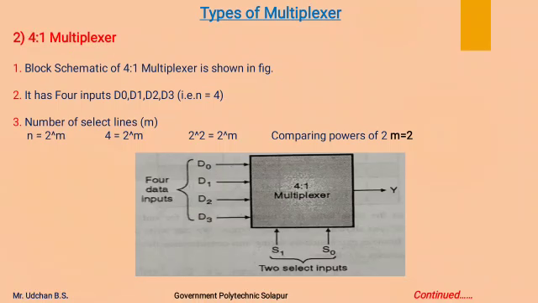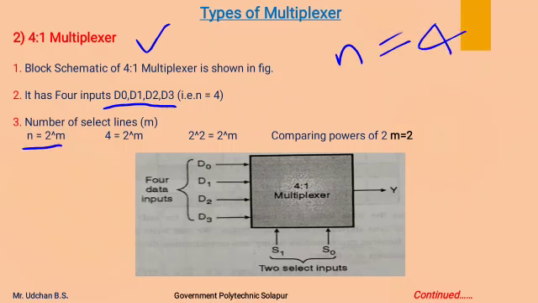In a similar way, a 4:1 multiplexer is available, in which there are 4 input lines and only 1 output line. The 4 inputs are D0, D1, D2, D3. As there are 4 inputs, N will be 4.